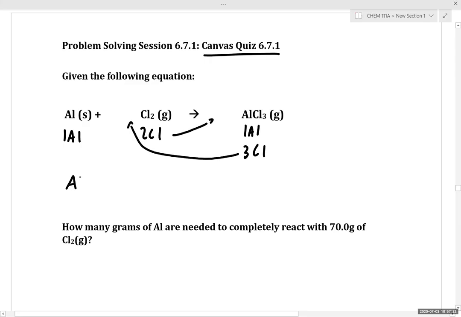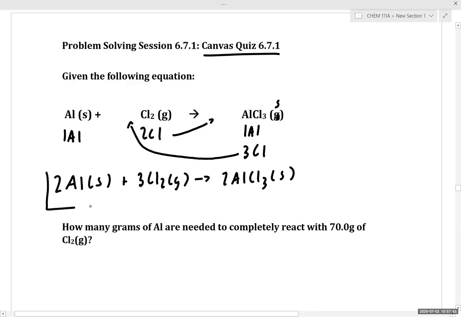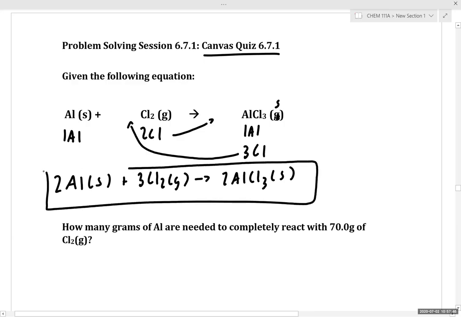And that gives us aluminum solid plus 3 chlorine leads to 2 aluminum chloride. Oops, that should be a solid. Okay, now that we have 2 aluminums on the right, we need 2 aluminums on the left. And now our equation is fully balanced.